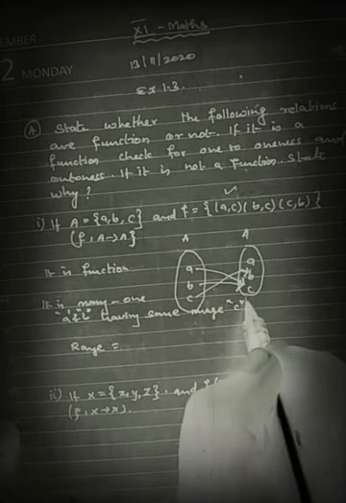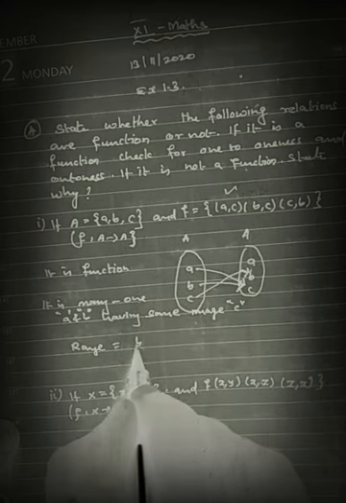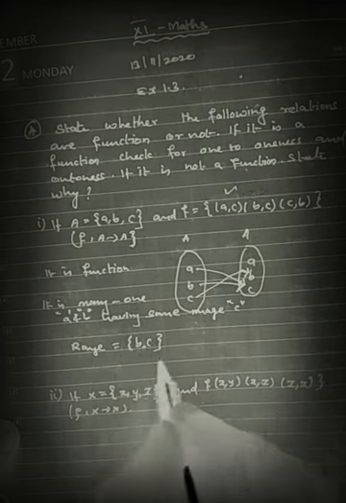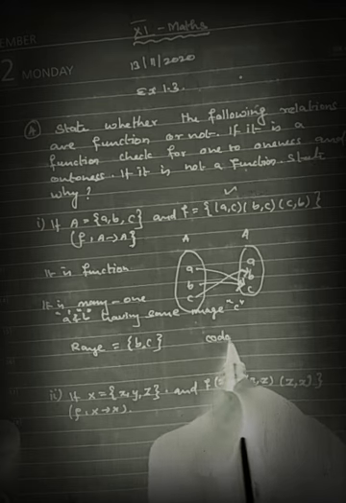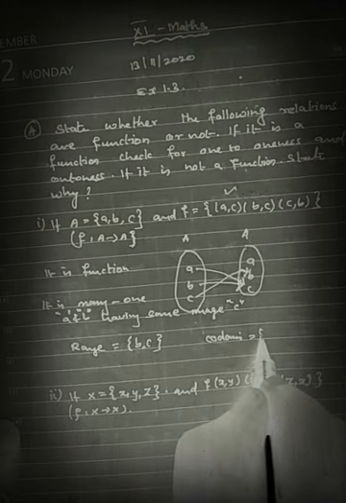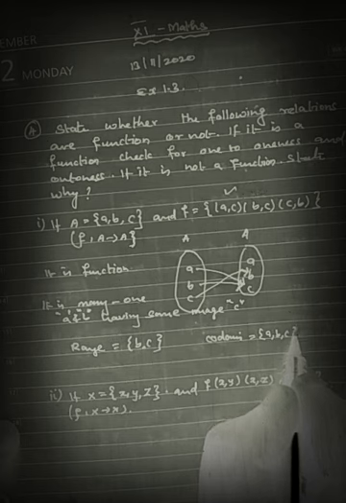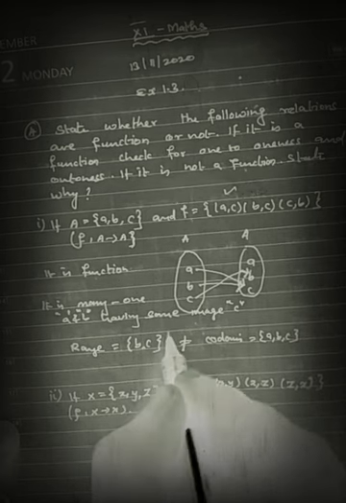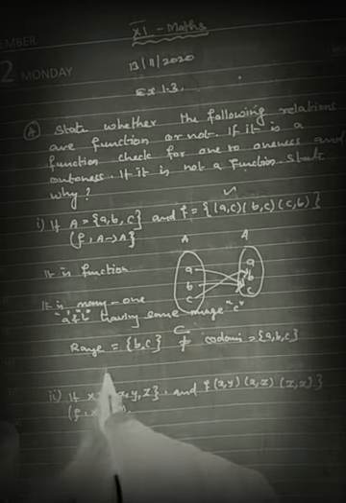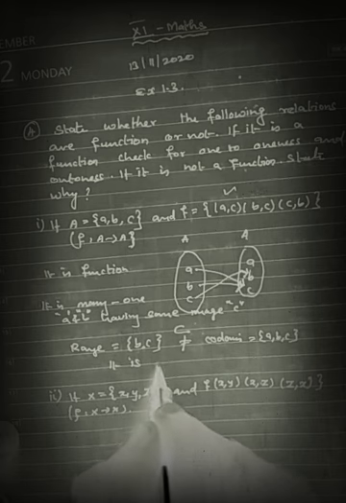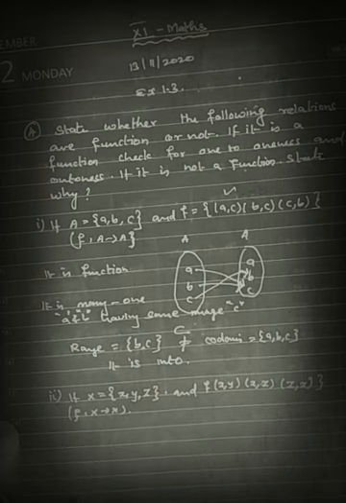The range is B and C only. A won't come. The codomain is A, B, C. So they are not equal. The range is a subset of the codomain. Therefore it is an into function. That is, it is not an onto function.